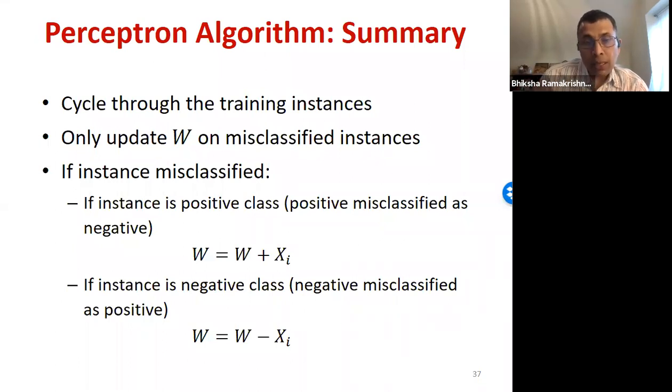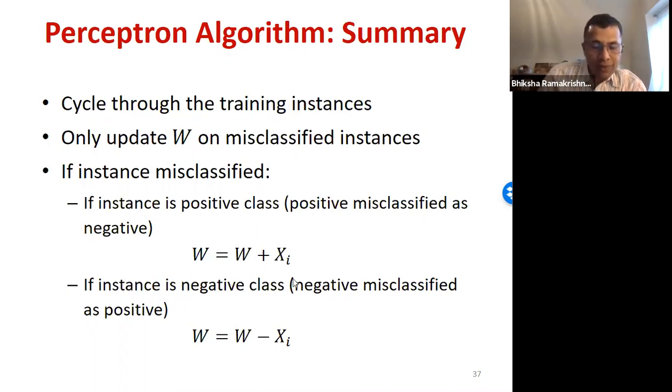If the instance is in the positive class but has been misclassified as negative, you pull the weights vector towards the ideal weights vector for that instance, which is x itself. So you pull w towards x by adding x to it.